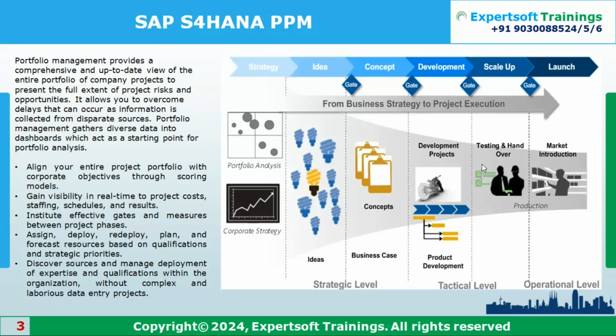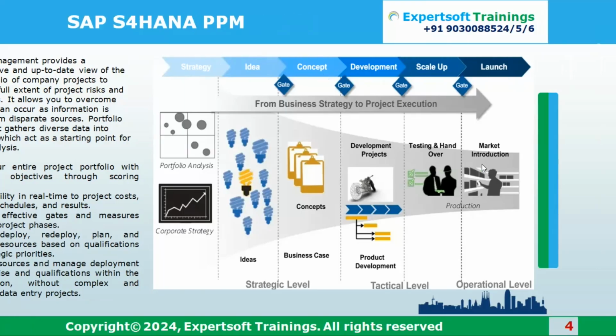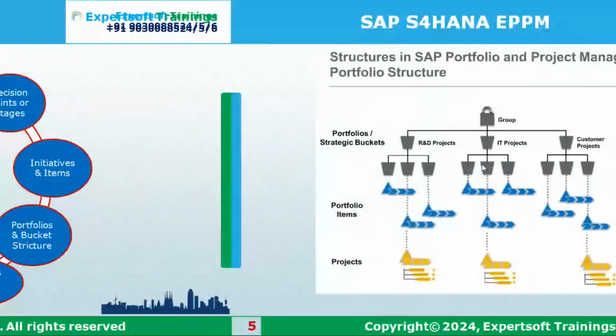Yeah. So in this SAP PPM model, portfolio project management will provide you a comprehensive, up to date view of the entire portfolio of the company. Let me show you one example.